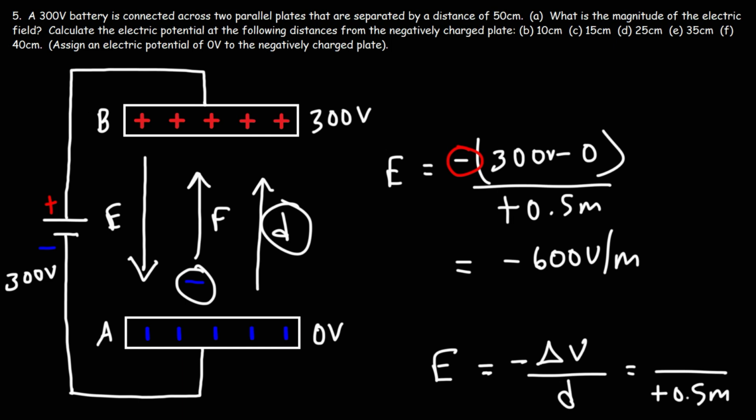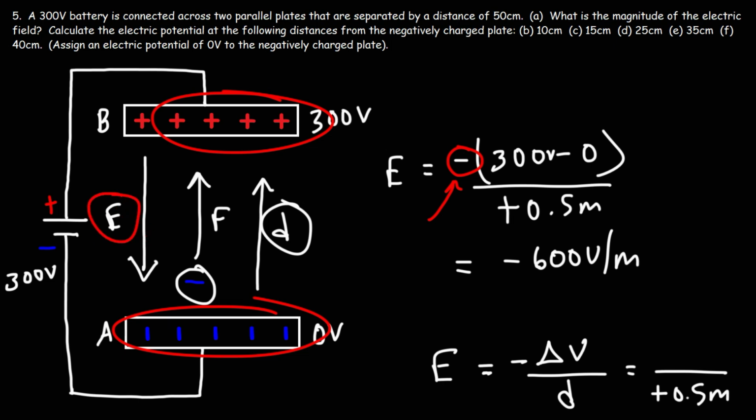It tells you the direction of the electric field. But you really don't need to worry about that, because if you know the signs of the plate, you could easily determine the direction of the electric field. So you could ignore this negative sign and then apply the direction based on the signs of that plate. But that's how it works for those of you who are interested.